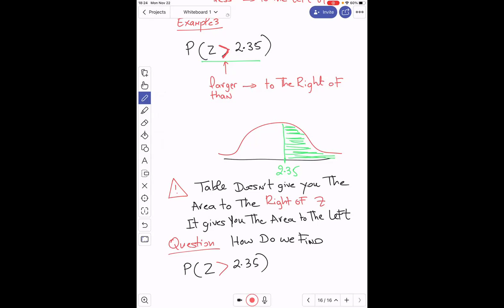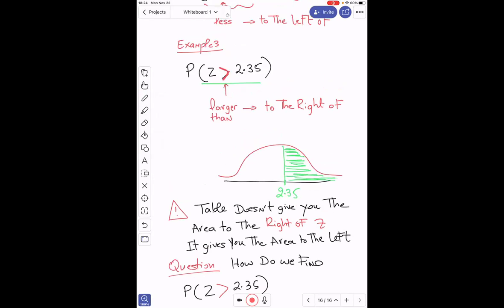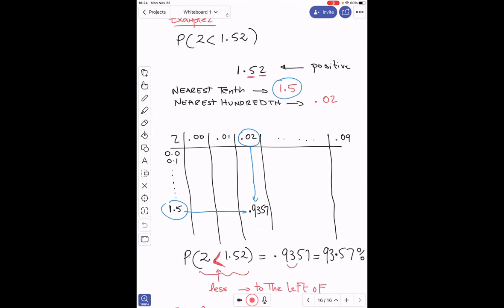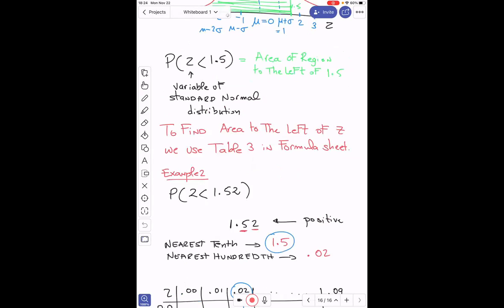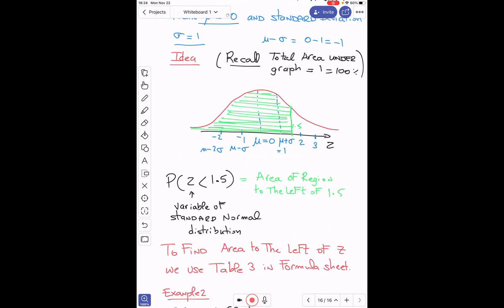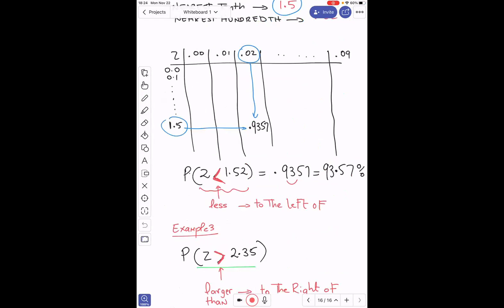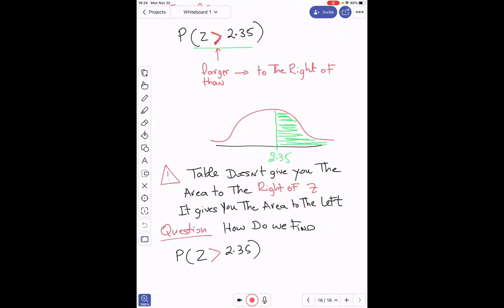Well, the answer is the following. Remember what I said, guys, the total area under the graph is always one, right? Which is 100%. So you see the region under the graph, this blue region here.